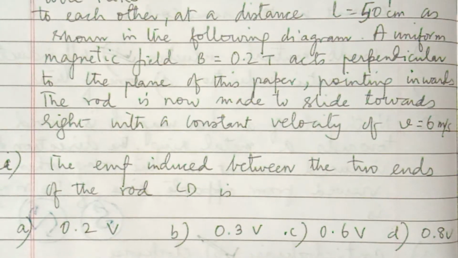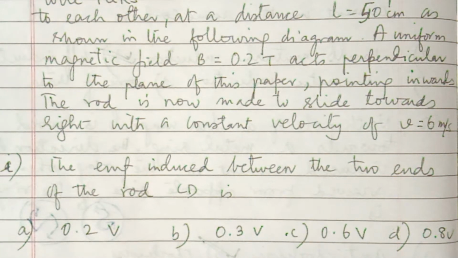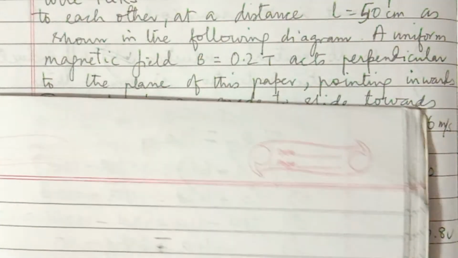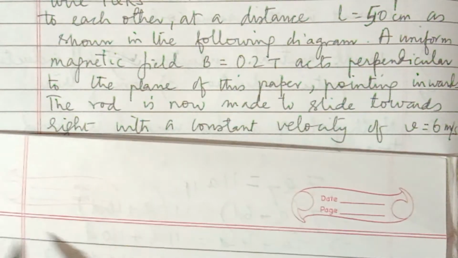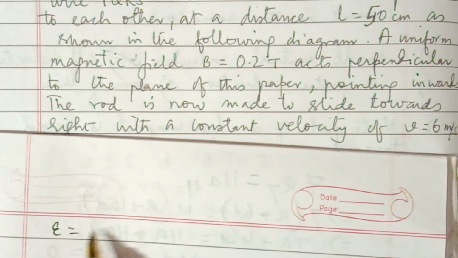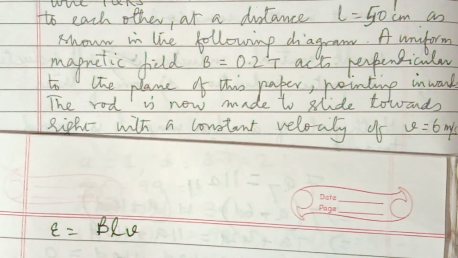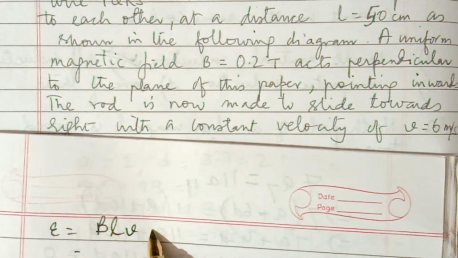This is based on the motional EMF. The formula is EMF equal to BLV. You can put the values.